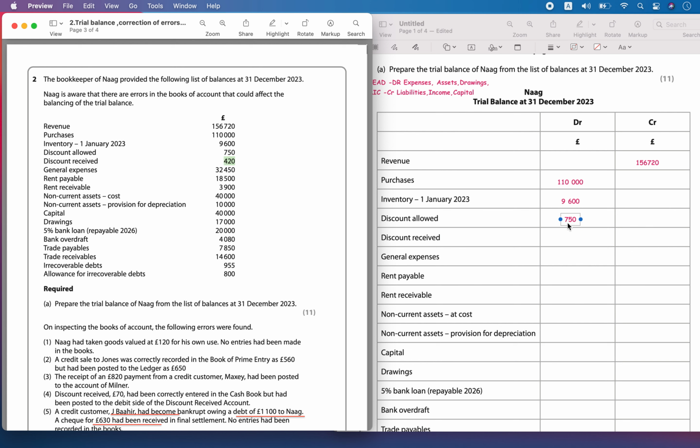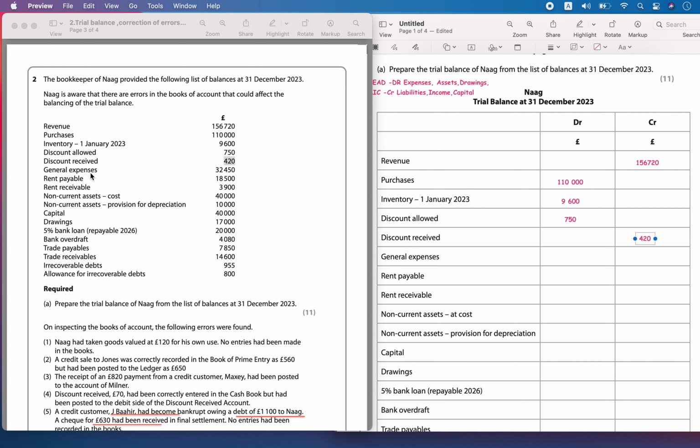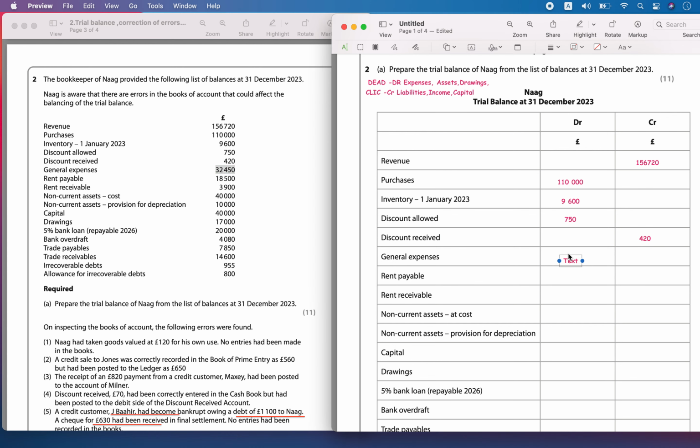Discount allowed, because I gave them, is like money going out of the business. Discount received is like money coming into the business. So in and out sometimes makes it easier to remember. Then general expenses, we know it is a debit balance. So let's put that.